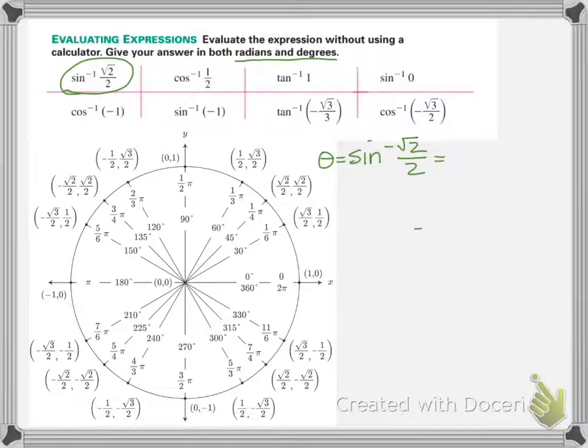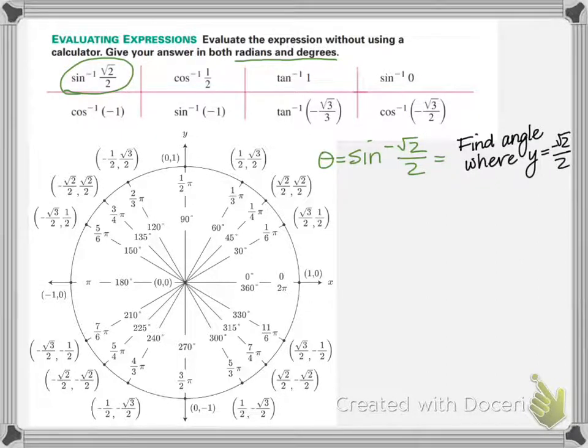What does that notation mean? Well, that notation merely means the following. You have to know what sine means in the first place, and I think we've practiced enough that you know sine means y. So that notation basically says, I need you to go find the angle, because theta means angle, where the y is negative square root of 2 over 2.